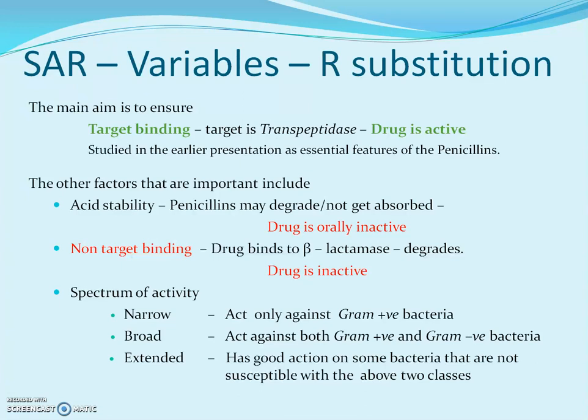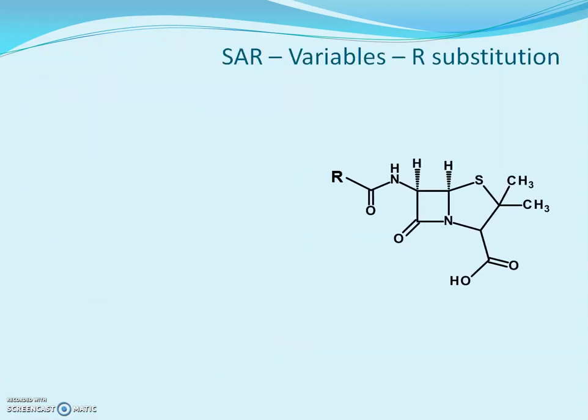Or we can have a broad spectrum where they act against both gram-positive and gram-negative, or they can even have an extended spectrum where some of them have good action on selected bacteria that are not susceptible to the above two classes. So this is the general structure that we have seen, and what we want to see here is how we can modify this R.